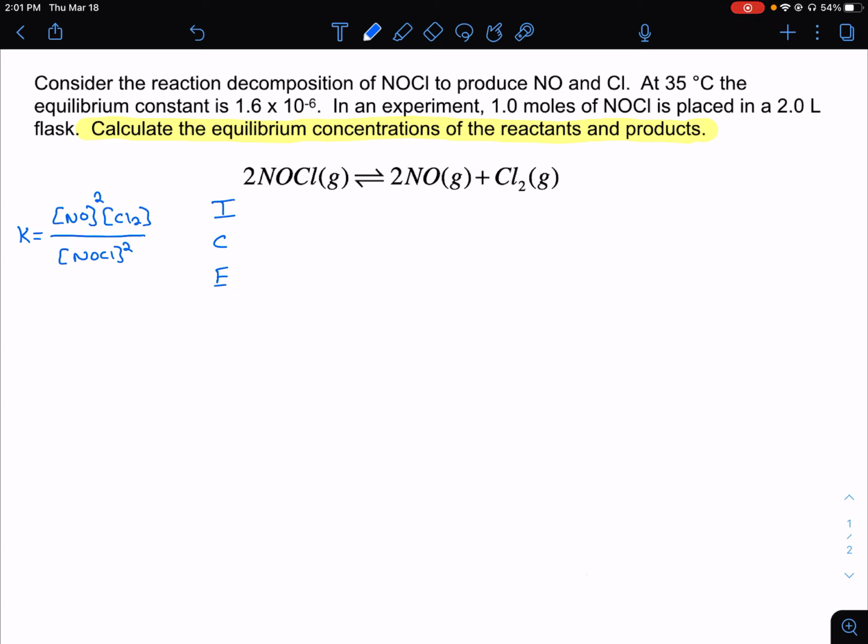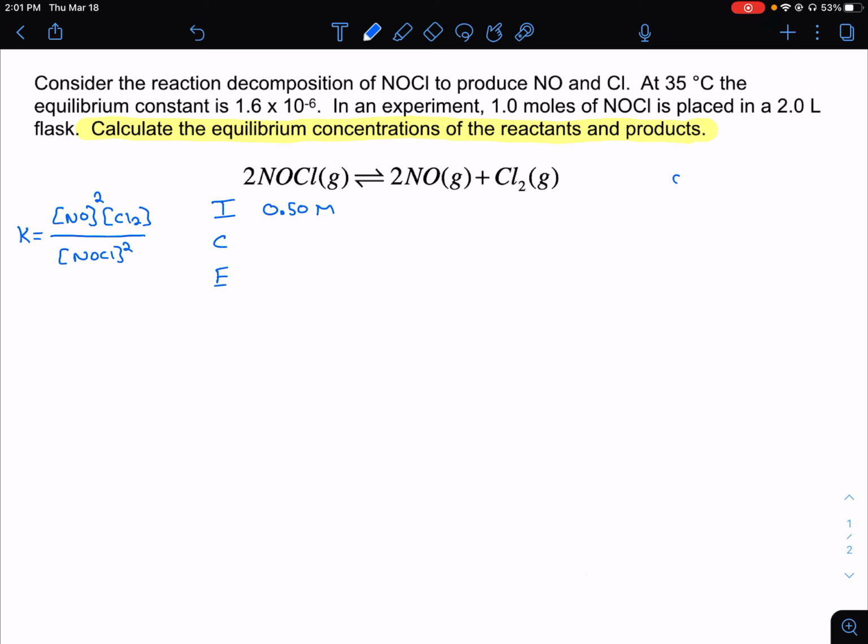So we can start off with what we know, and we're told that we're starting off with 1 mole of NOCl in a 2-liter flask. And whenever we use an ICE table, we want to make sure we are using concentrations in the table. And so the initial concentration of NOCl is 0.50 molar.